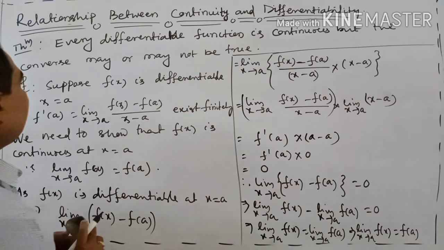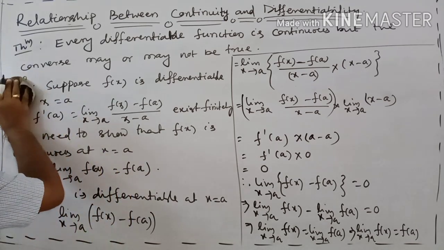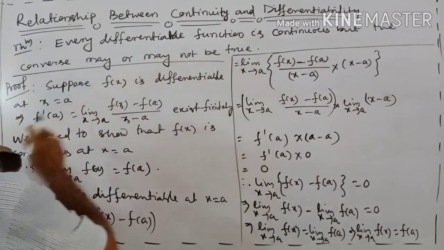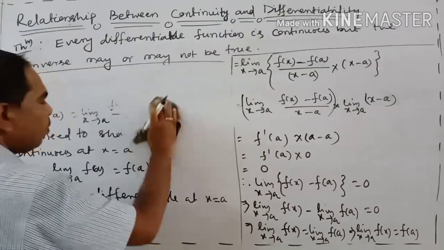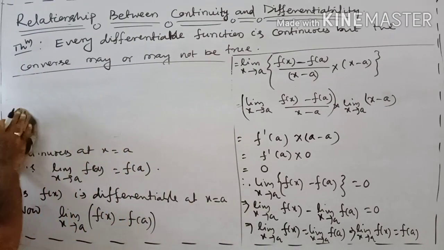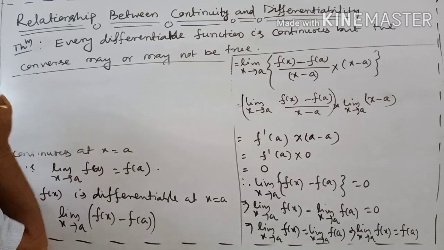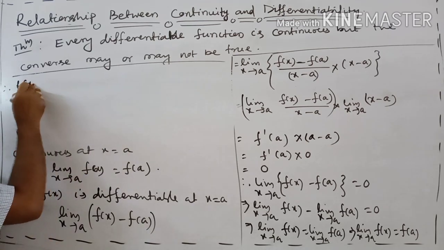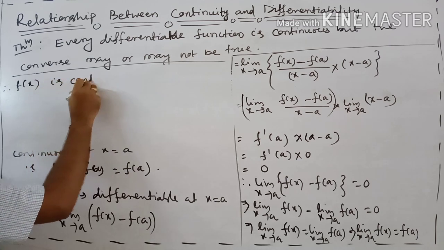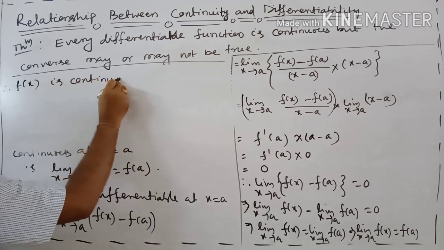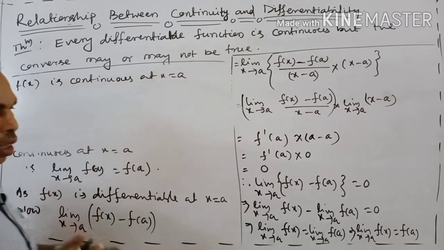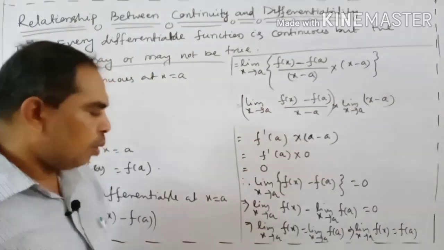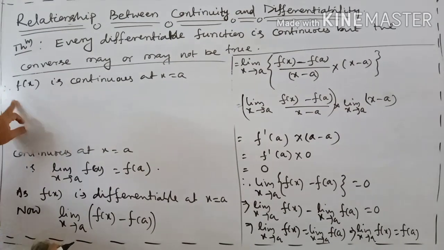Therefore f of x is continuous at x is equal to a because limit x tends to a f x is equal to f a.